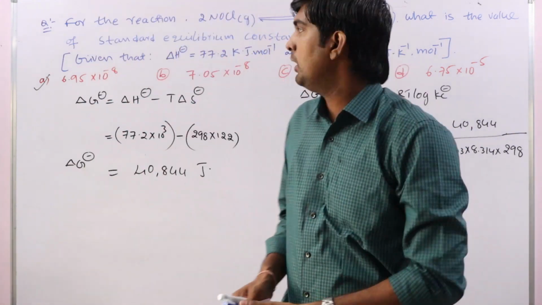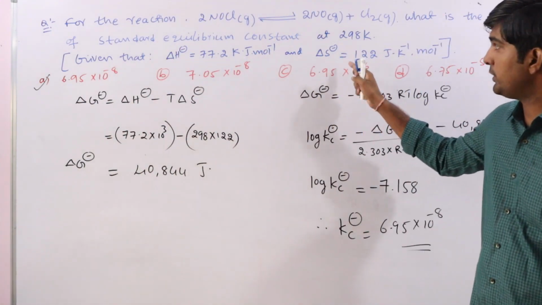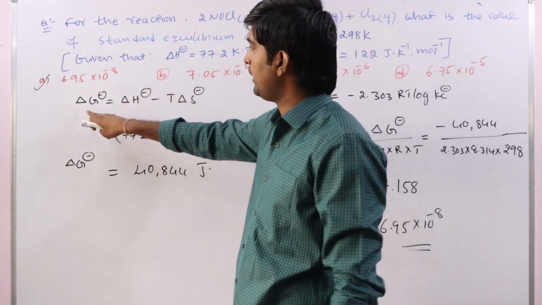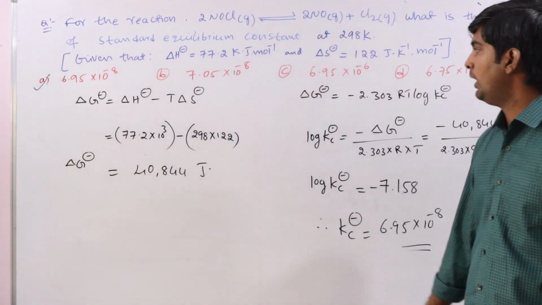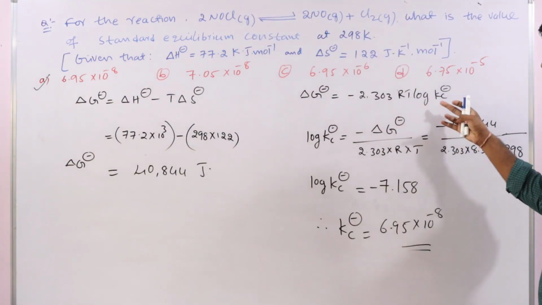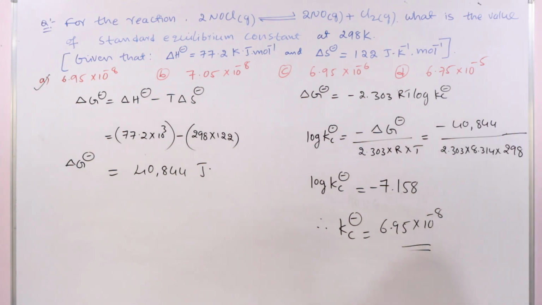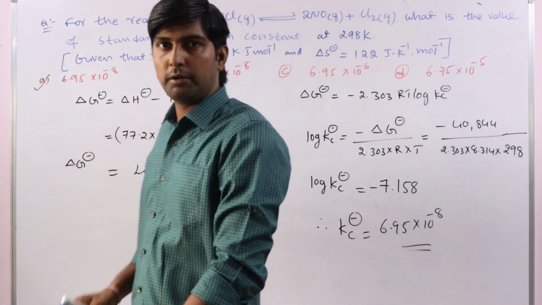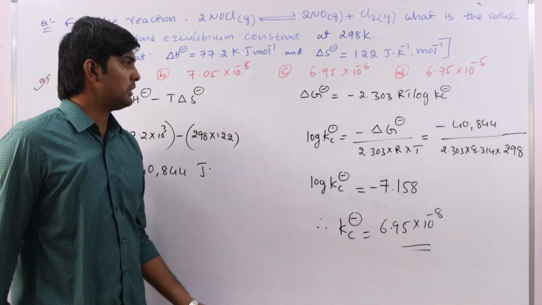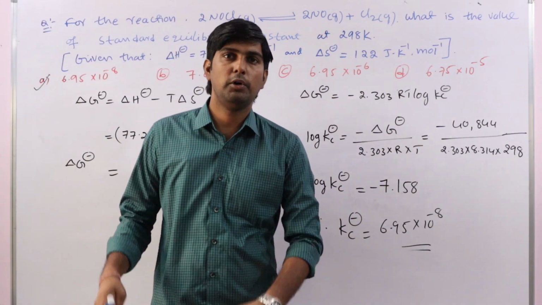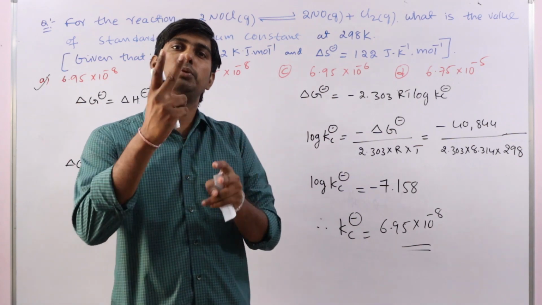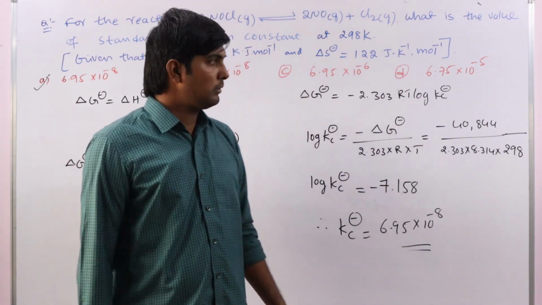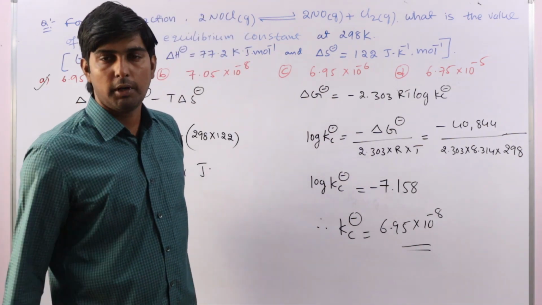They will give enthalpy change and entropy change. From that, first you should calculate Gibbs energy change, and then from this relation we can calculate equilibrium constant. So this is one very important model. This same concept we discussed in thermodynamics also, the same problem in 2 chapters. Clear? Next we discuss some other problems also.